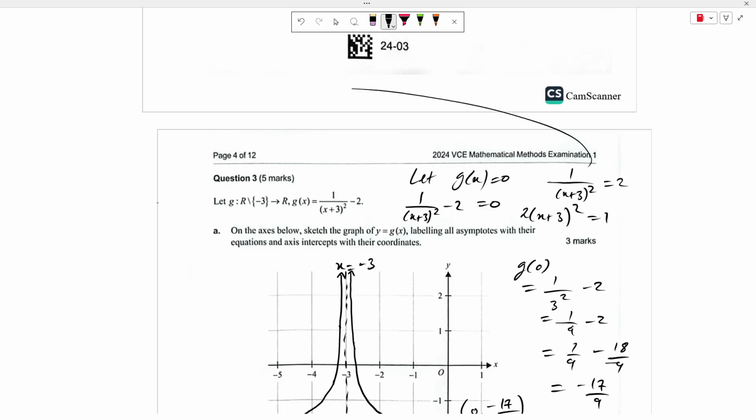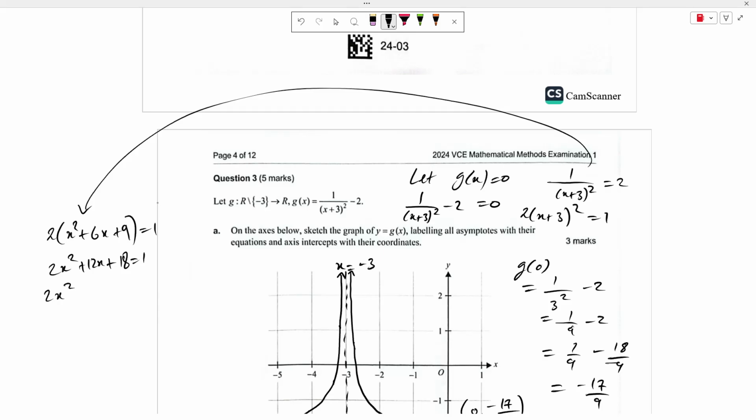And let's just bring this around here. So we're going to get 2 times x squared plus 6x plus 9 is equal to 1. 2x squared plus 12x plus 18 is equal to 1. 2x squared plus 12x plus 17 is equal to 0.